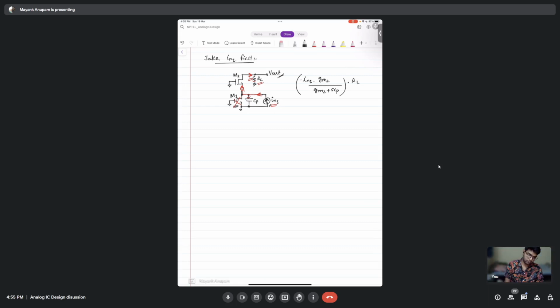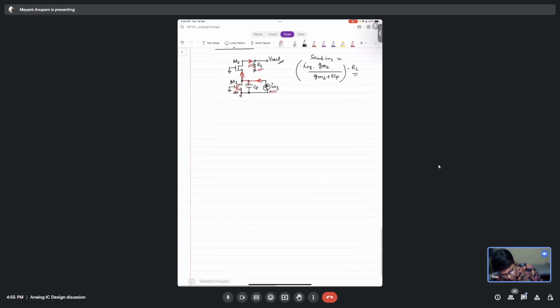Yes. Cool. So this is the output voltage due to IN1, correct? Yes. Good. So this is the V out due to IN1.